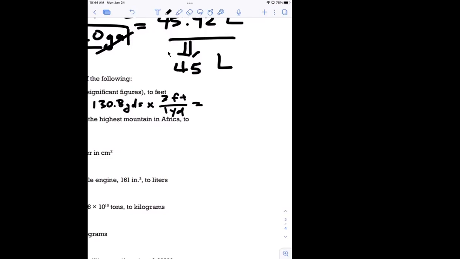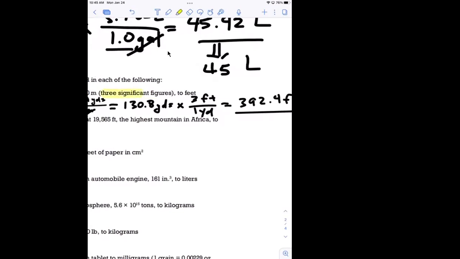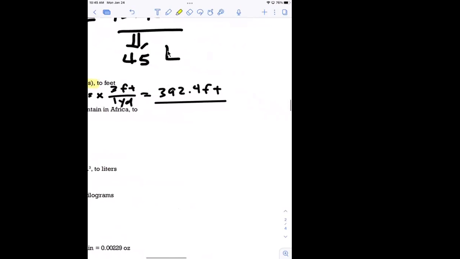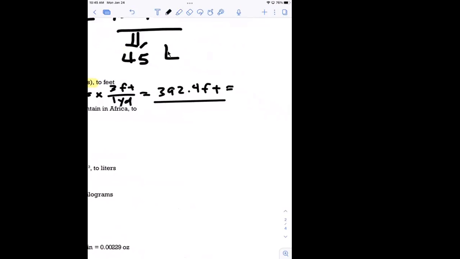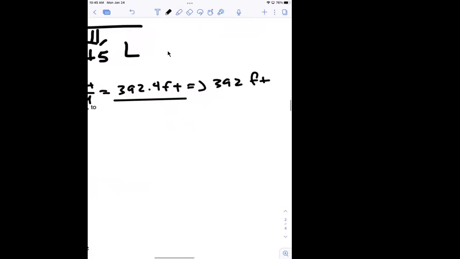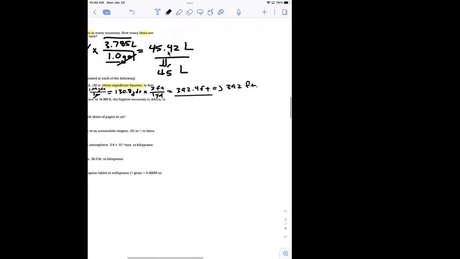Anybody got it? 392.4 feet. All right. And then it says 3 sig-figs. That's what we're reporting in. It's telling us to report it in 3 sig-figs. We just need to round that so that it's 3 sig-figs. So 392. Yep. Is that right?